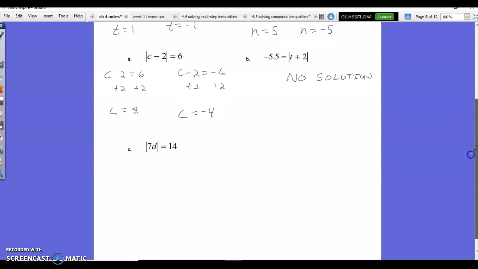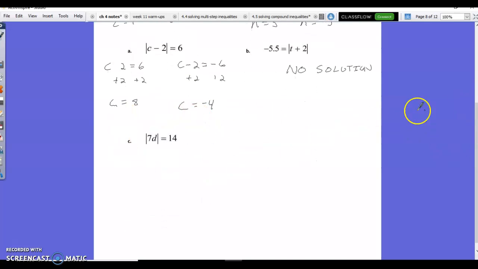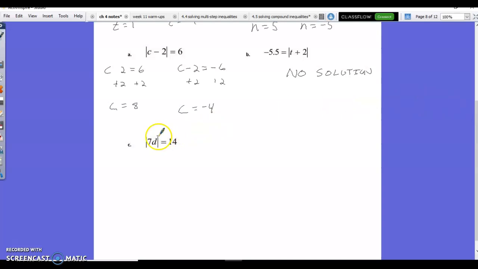All right, now for this example, we have the absolute value portion already by itself. So since it is, now we set up two separate equations. 7d equals 14. 7d equals -14.